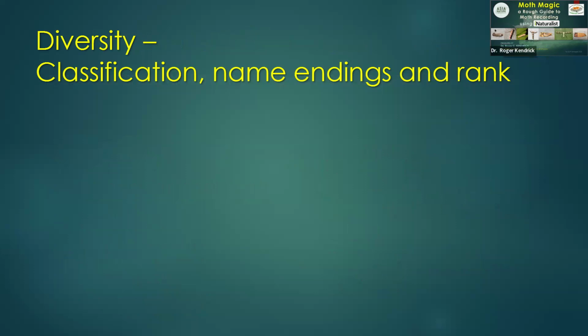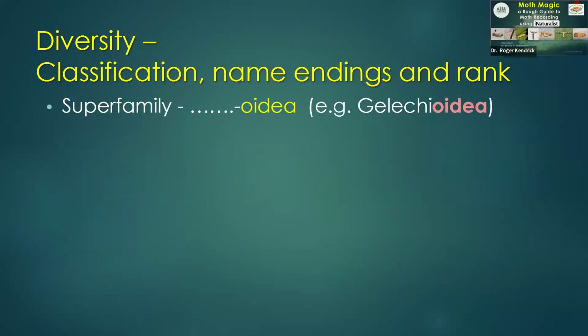Before we roll specifically on families, I would love to introduce to you the classification name endings for the main ranks I will be talking about. So here we go. At superfamily level, and superfamilies are big groups of families, the ending is -oidea. Somebody else might pronounce it a bit differently, but bear with me.